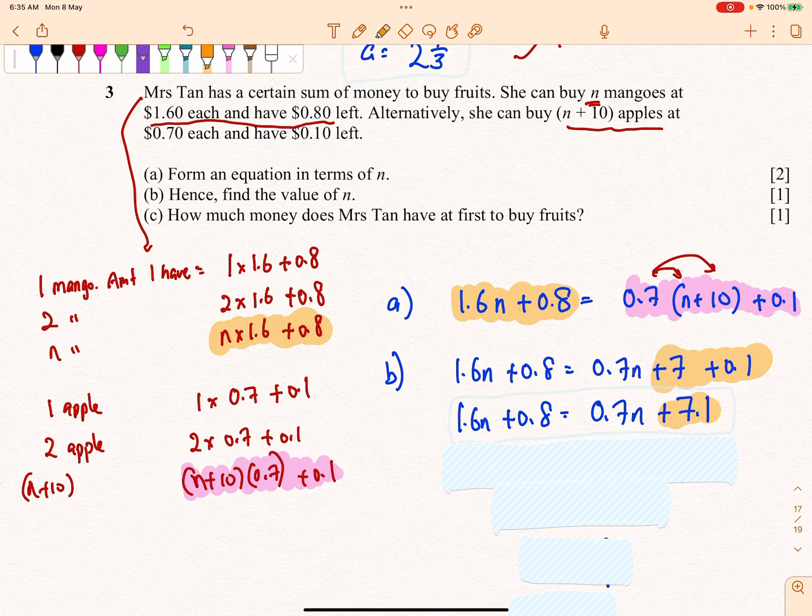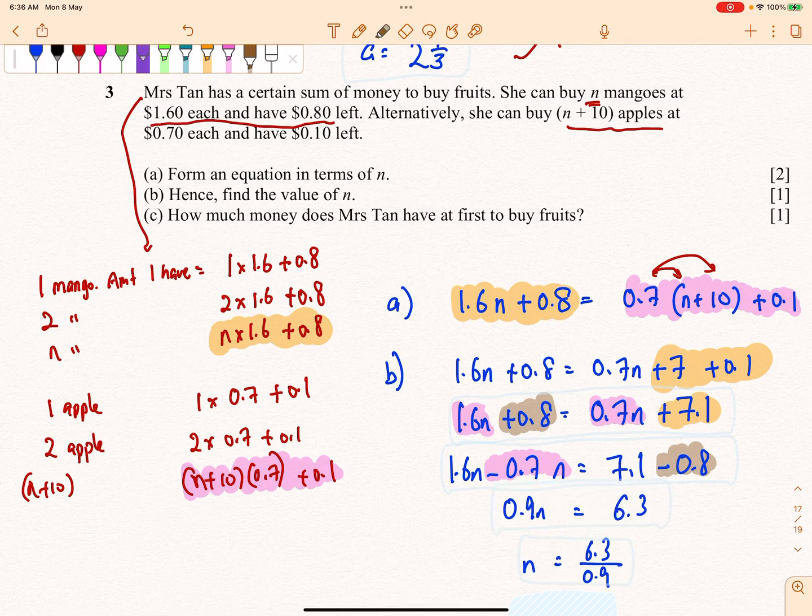Now I observe again, I have 1.6n and 0.7n. So I want to group them together, bring the smaller one over, and for plus 0.8, I also bring it over, and it becomes minus 0.8.